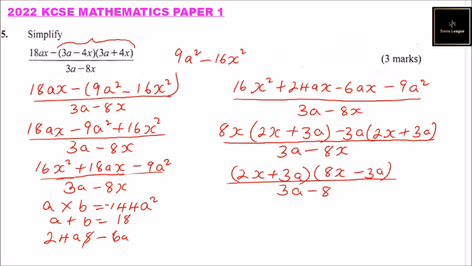Divide by 3a minus 8x. Now, for the numerator and denominator to be the same, they look similar, but the only difference is the sign: 8x is minus.